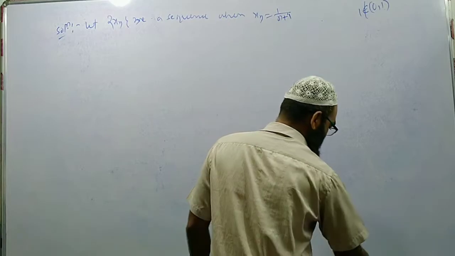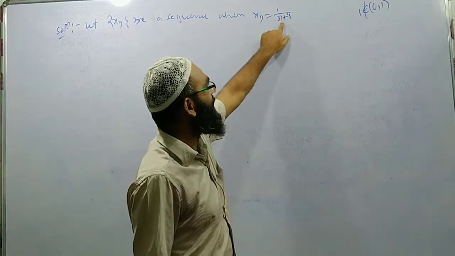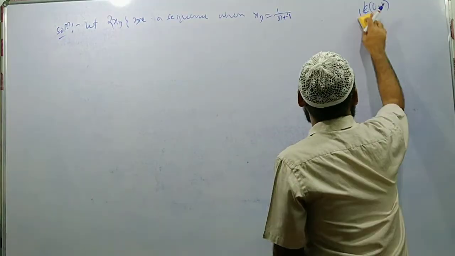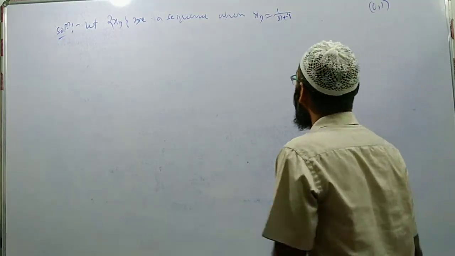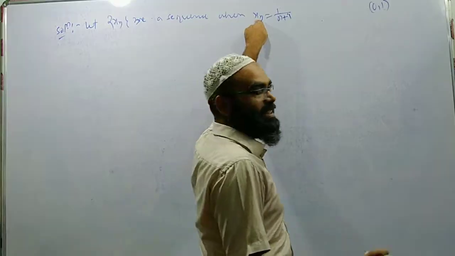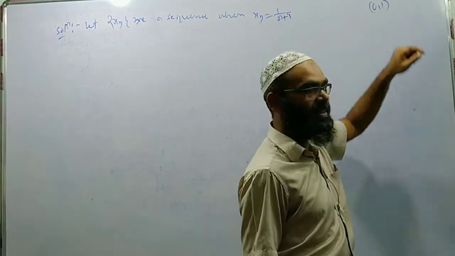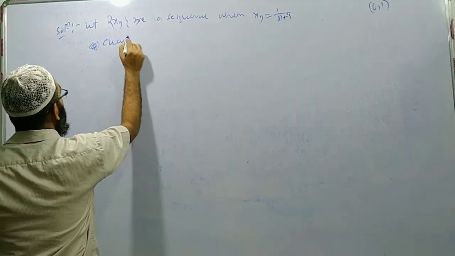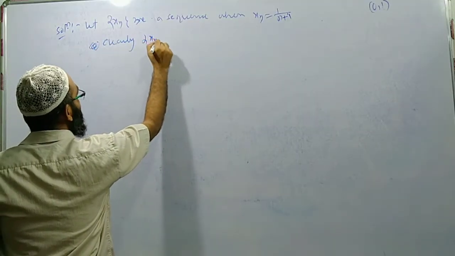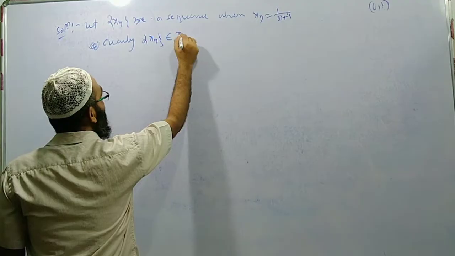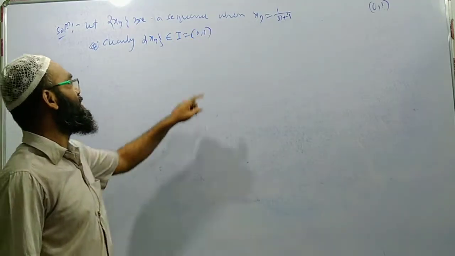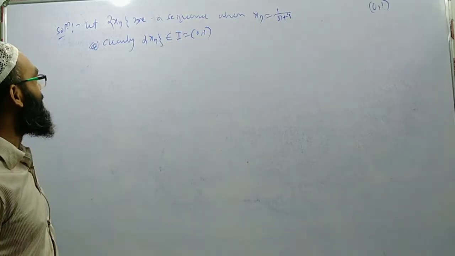Here observe that all the members of this sequence are members of the open interval (0, 1). No member lies outside this open interval. Clearly x_n belongs to I = (0, 1).